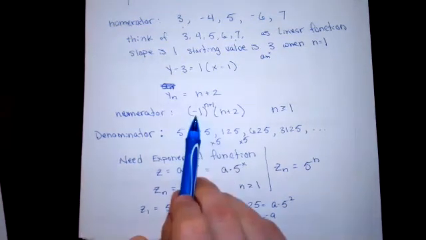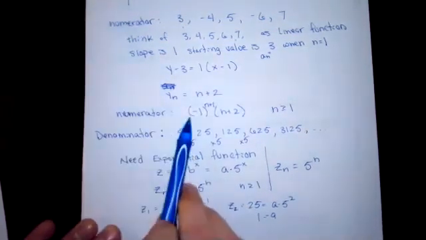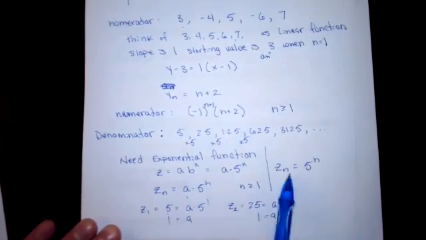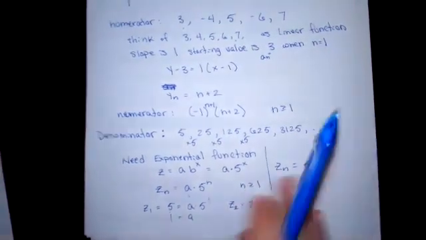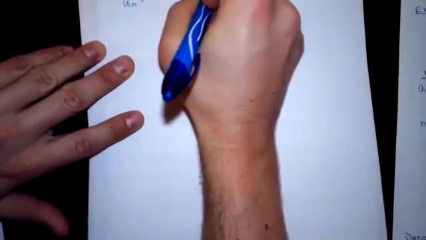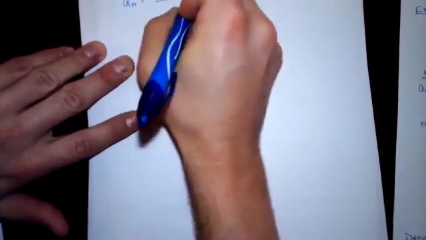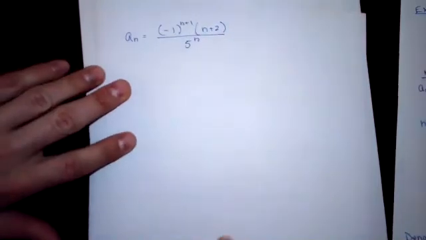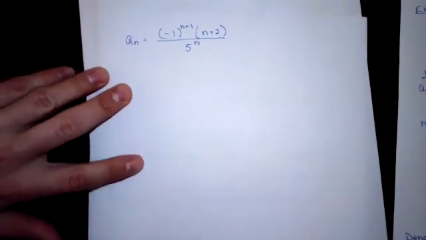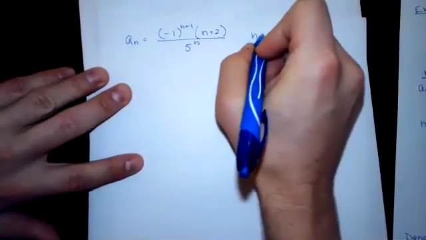So all in all, how do I find the general expression? It's just going to be the numerator divided by the denominator. So our a sub n was -1 to the n, we had an n plus 1 times our n plus 2, divided by the denominator, which was just 5 to the n. And again, check that.